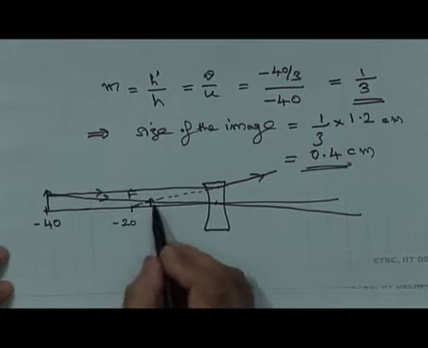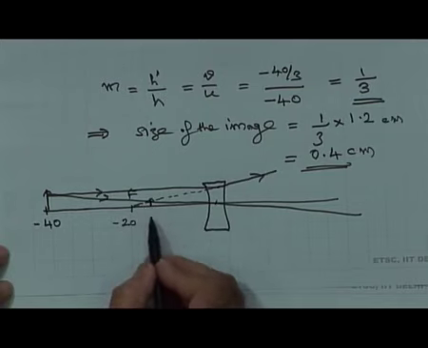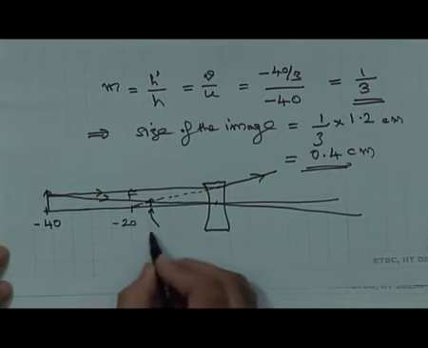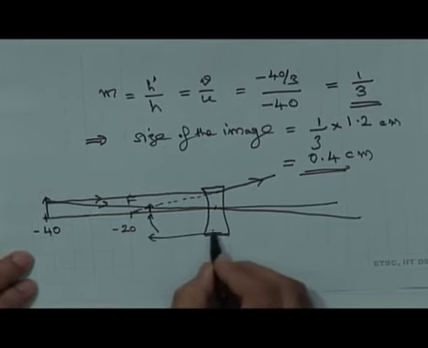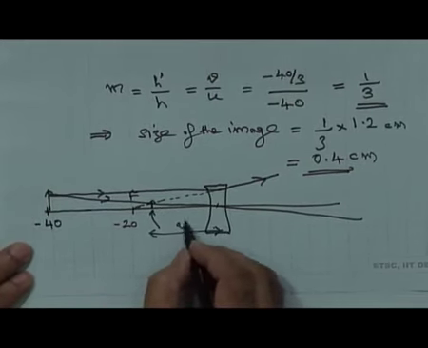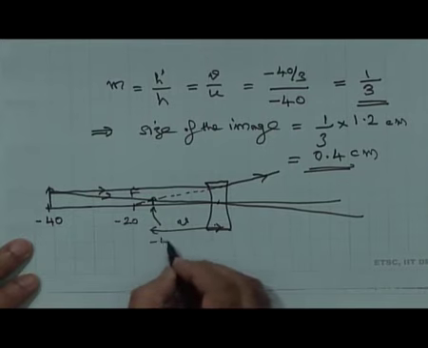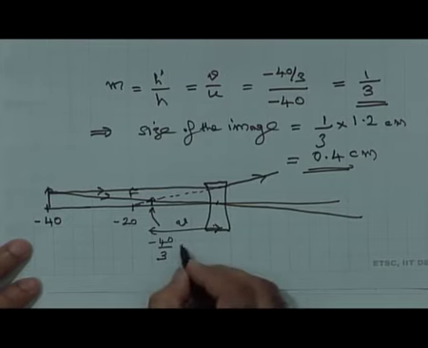When you draw with a scale, it will be very clear. This point here is the image distance, from here to here. So, this is V, and V is equal to minus 40 by 3 centimeter.